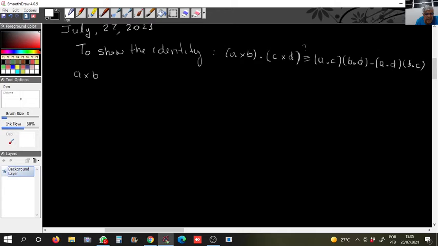I can represent the components of this cross product as epsilon I J K A J B K, and the cross product C cross D here. And now, attention, there's a trick over here.